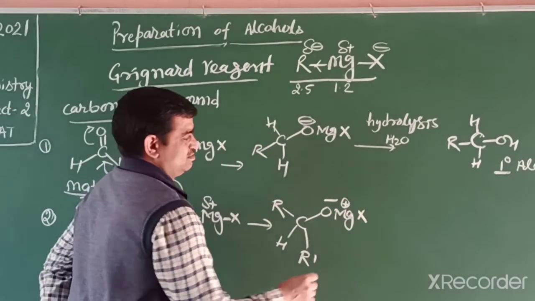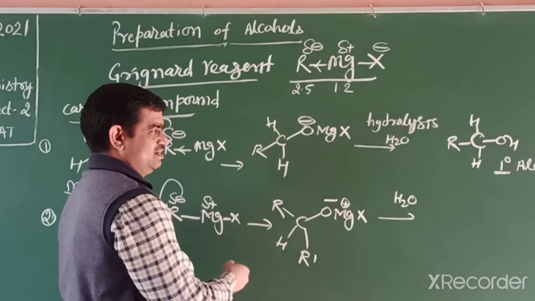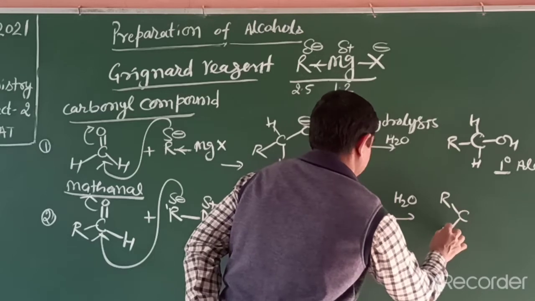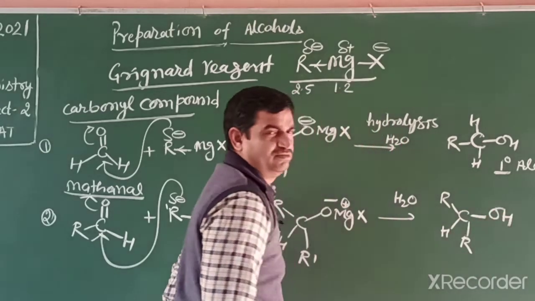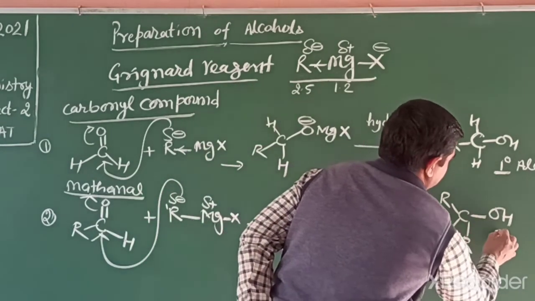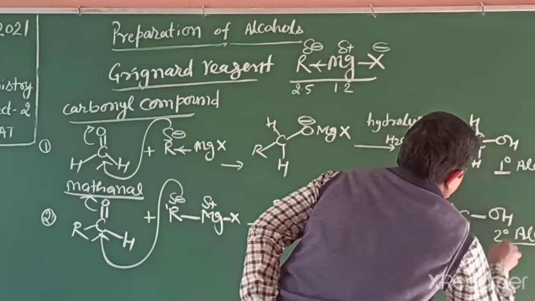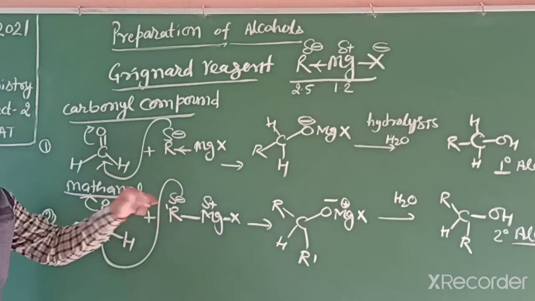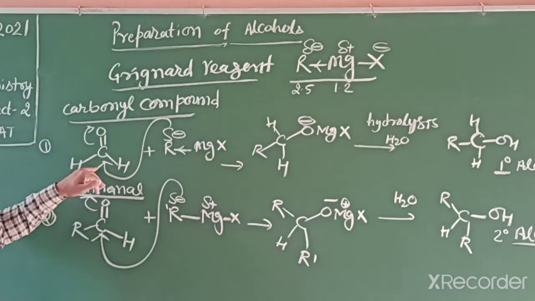Further, the second step is hydrolysis. Similarly it separates out and we get a secondary alcohol. Students, notice that if we take any aldehyde, we get a secondary alcohol. If you take the first aldehyde, methanal, then we get a primary alcohol.